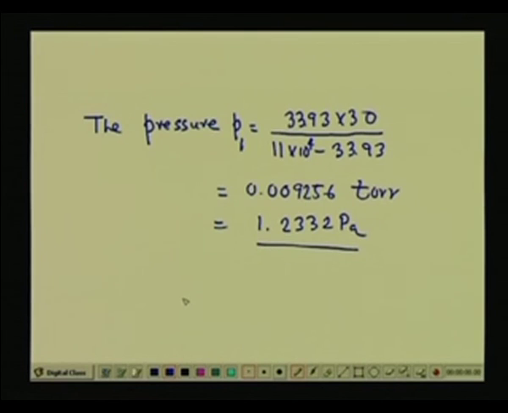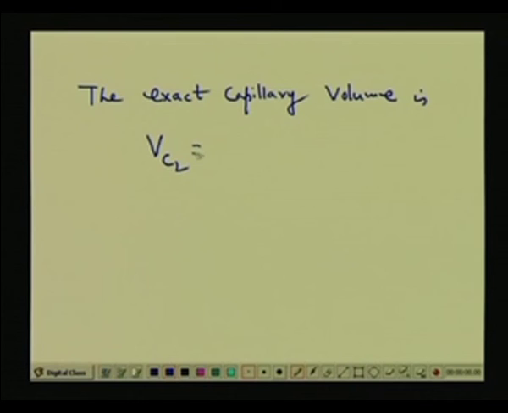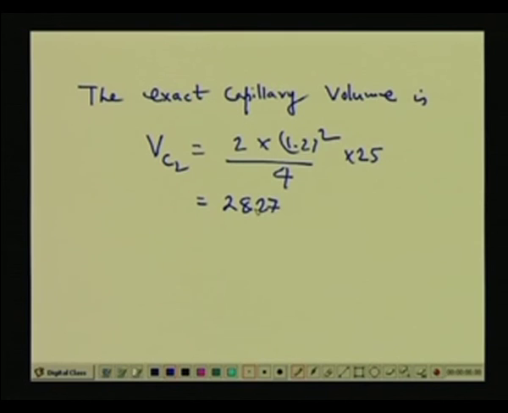However, what is the exact capillary volume? The exact capillary volume is Vc2, pi into 1.2 whole square by 4 into 25. So, this will give you 28.27 millimeter cube.